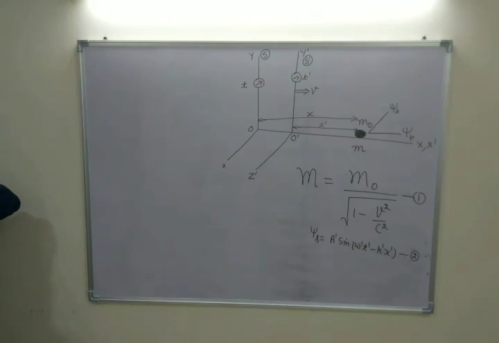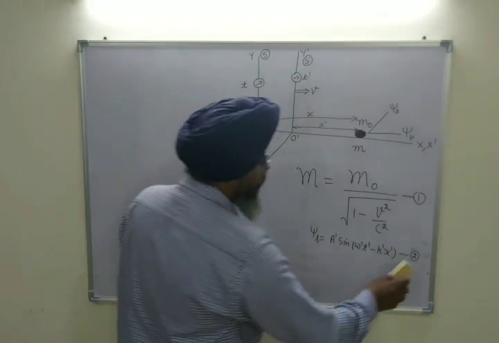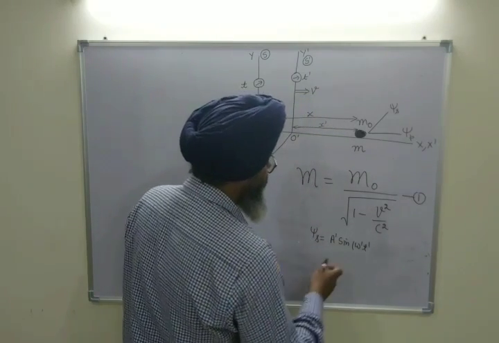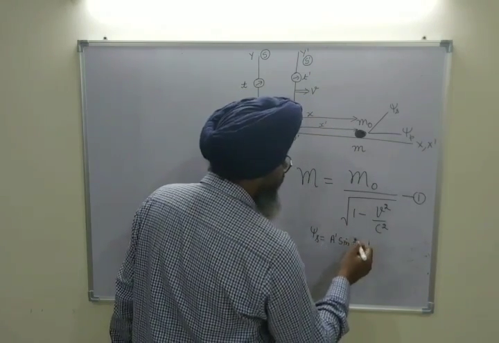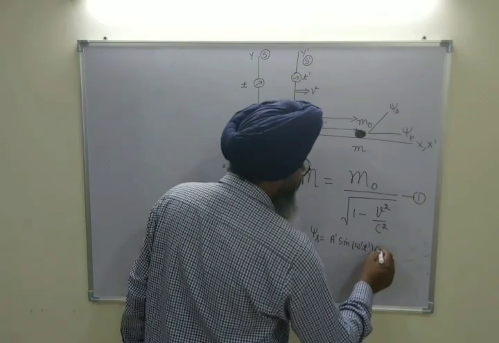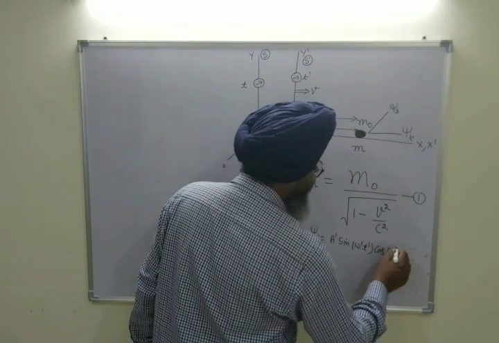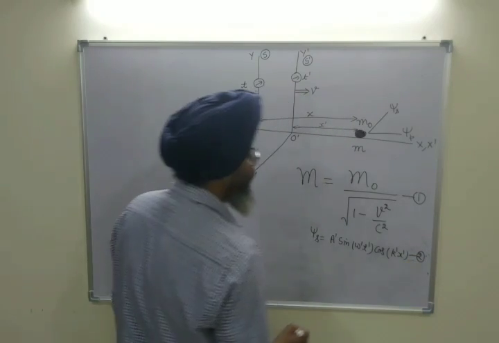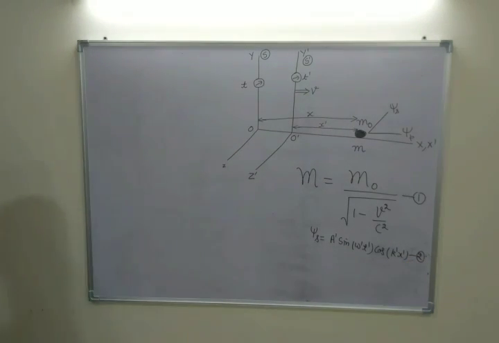I think I have written the wrong equation. Let me correct it. Actually, since the wave is stationary, the equation must be A dash sine omega dash t dash and cos of k dash x dash. Let us say this is equation number 2. Now it is correct as per the formulation described earlier.